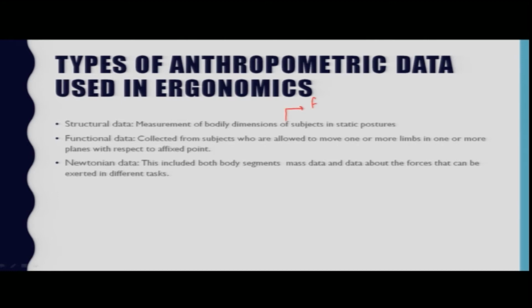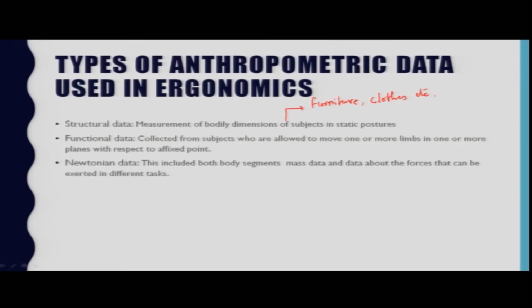An example of this structural data is its use in furniture, clothes and vehicle cab dimensions, etc. As far as functional data is concerned, it is collected from subjects who are allowed to move one or more limbs in one or more planes with respect to a fixed point.